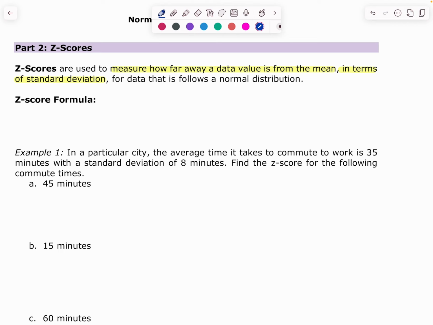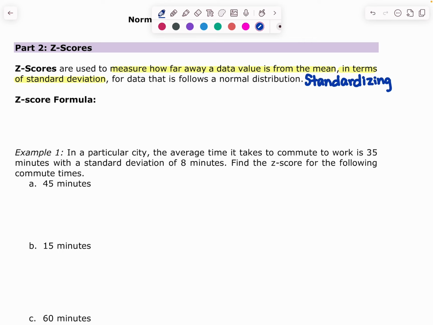So how many standard deviations away from the mean are we? When we calculate a z-score, we're doing something called standardizing. And that's really important because we can use z-scores to compare things that have different means and different standard deviations.